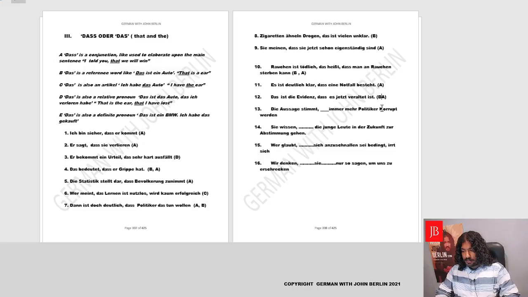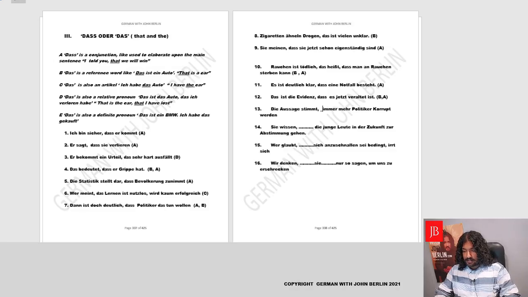Move forward. Okay. Die Aussage stimmt, dass immer mehr Politiker korrupt werden. So the statement is true, stimmt, dass immer mehr Politiker korrupt werden, that more and more politicians become corrupt. So here we are just elaborating what is the statement, so it's "dass".